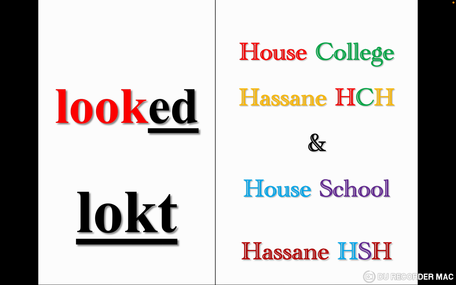Look. The past with ed. But the problem with the students, they pronounce it looked with a D. As I said before, we are going to make a lesson in which we study the rules of ed, how we pronounce ed with verbs in the past simple. When a verb ends with k plus ed, we don't pronounce it d, we pronounce it t: looked.